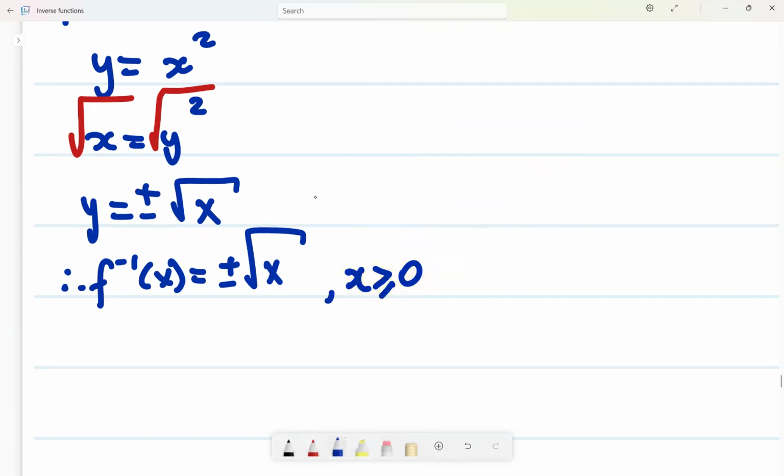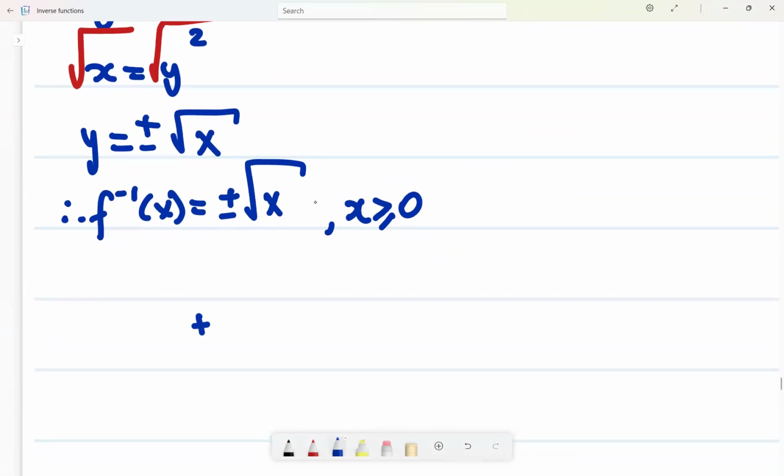What if I had something like this? Plus or minus square root of negative x. Even if you divide by a, or negative x. What is going to happen? You need your x to be how? Remember, x greater than 0 means this value needs to be positive here. Now, already x has a negative sign.